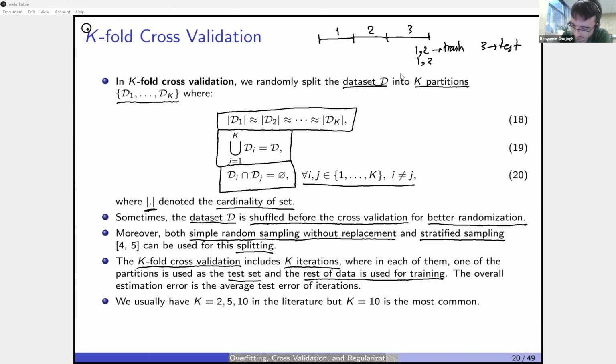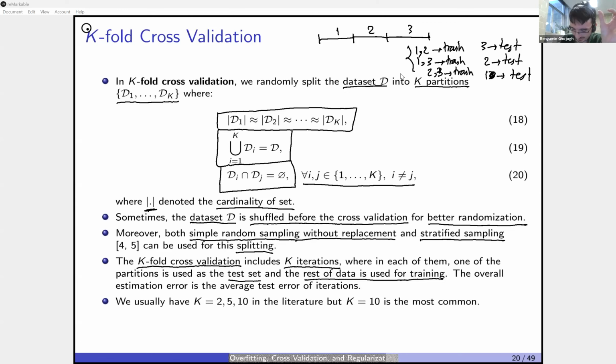Once I take 1 and 3 for train and 2 for test. Once I take 2 and 3 for train and 1 for test. So once in a while, I take one of the sets as test and the rest as train. So this is what we do in k-fold cross-validation.